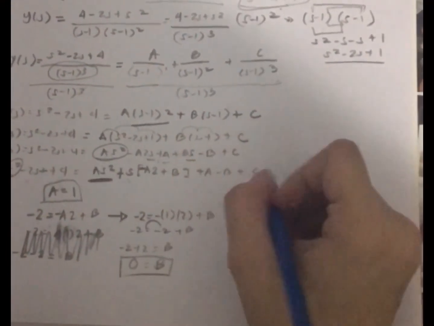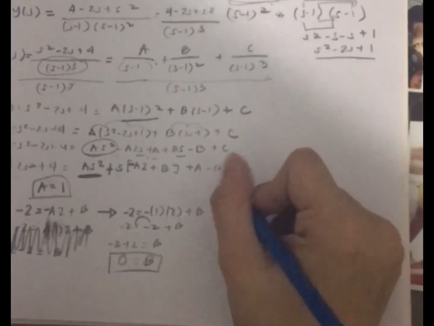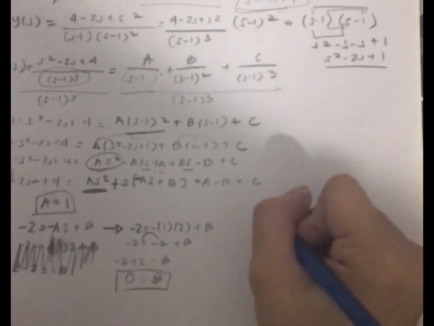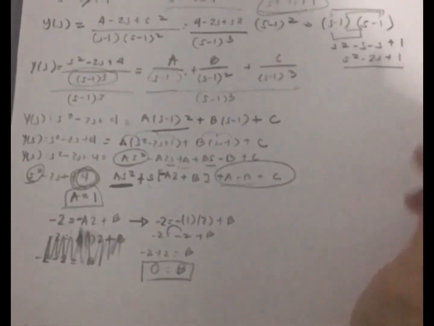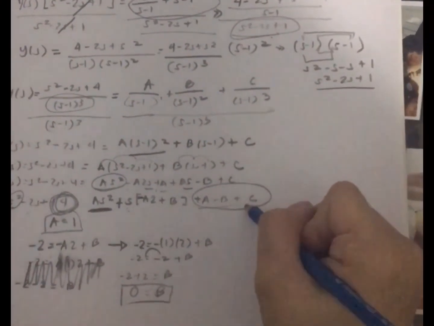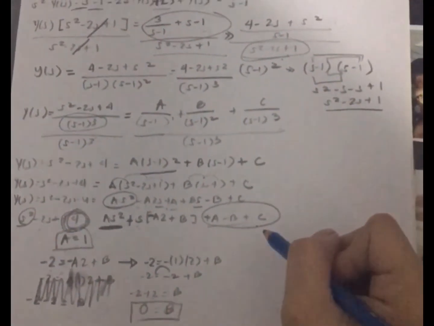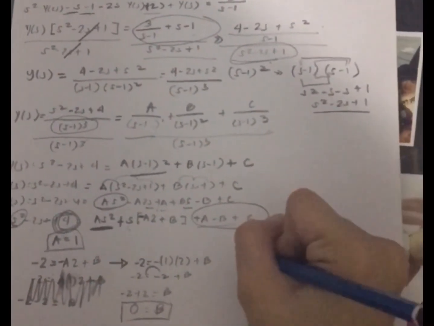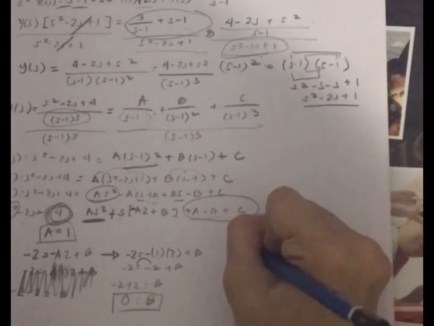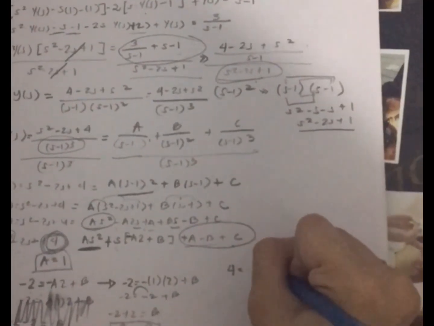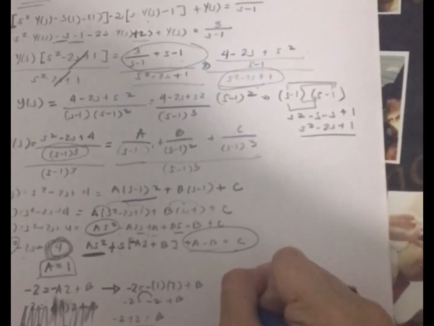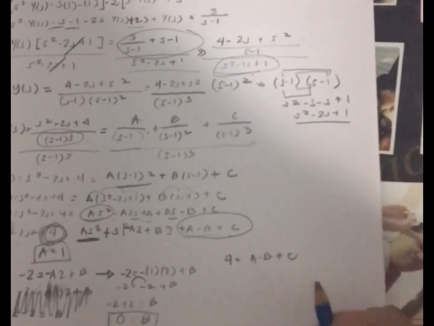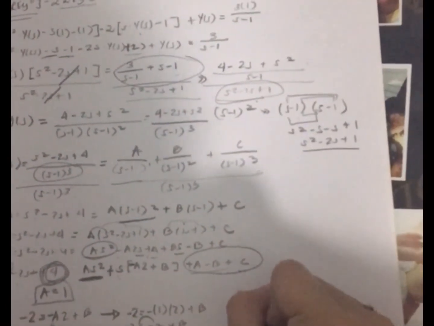Now we can get the value of C. The 4 here is our constant, and on the right side we have A minus B plus C. These are our constants. So putting it here, 4 is equal to A minus B plus C. Since we have the values of A and B, we just substitute them.